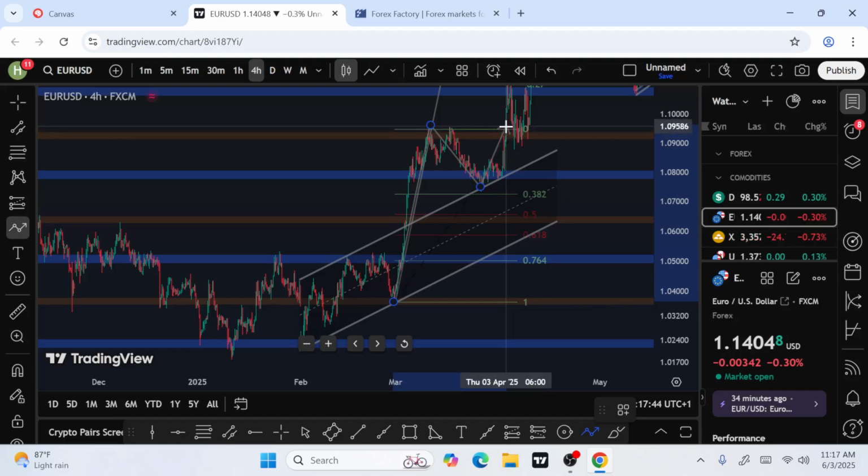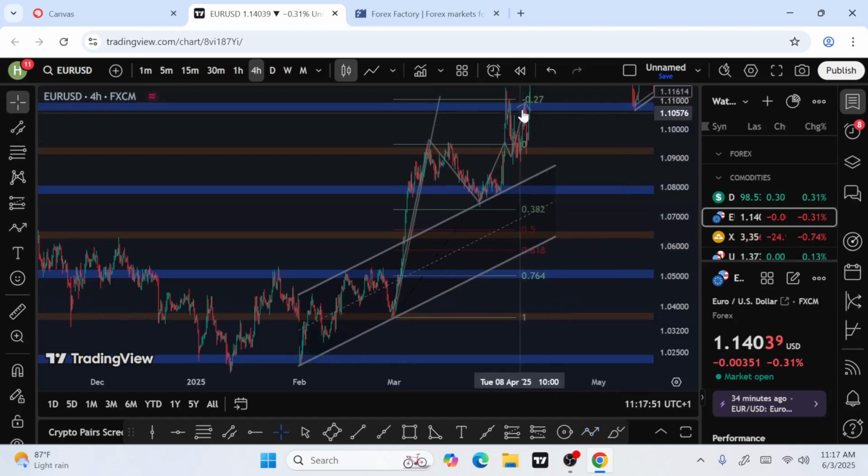This is our first TP point. Boom. Probably there's a reaction here. Then it goes up to the next point, which is minus 0.27, and we are out of this trade from this point to this point. But when you practice often and often, you'll be able to spot it.